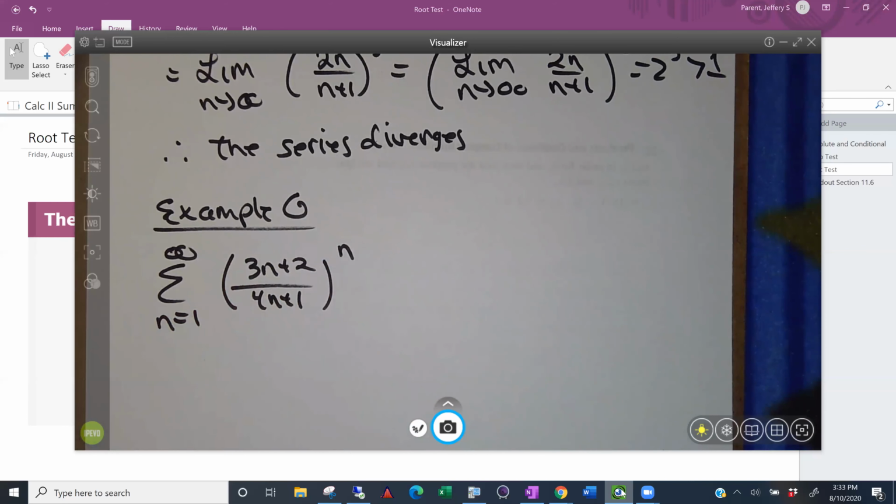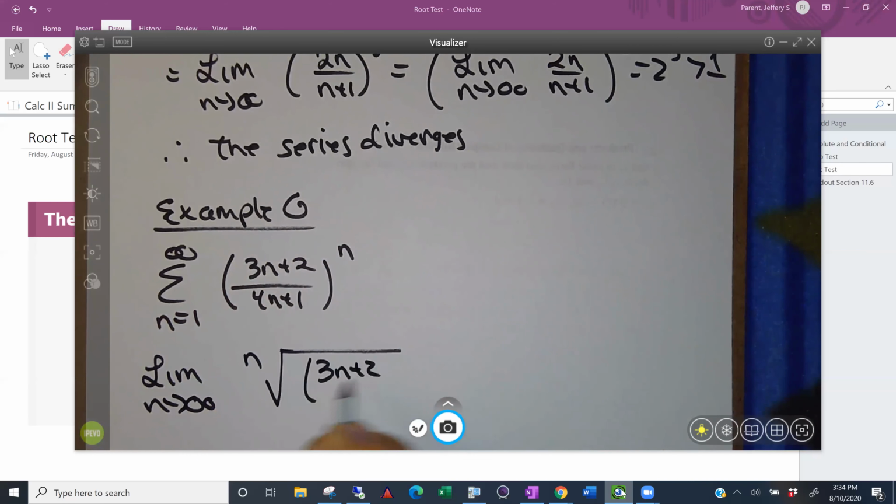So you might be thinking, okay, it's probably going to converge. But either way, let's use the root test. The root test is going to look at the limit as n approaches infinity of the nth root of (3n plus 2 over 4n plus 1) to the nth power.